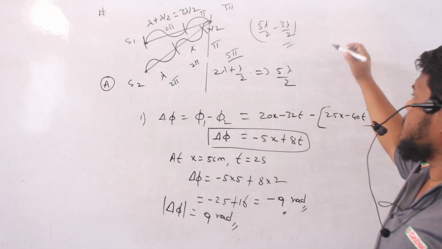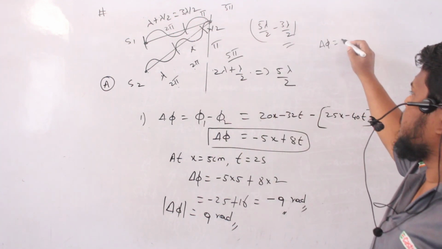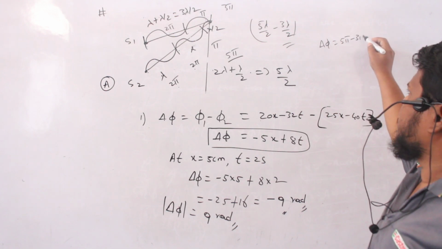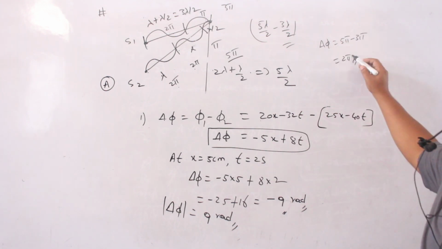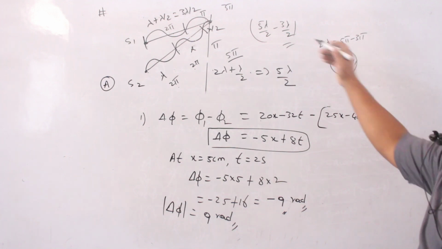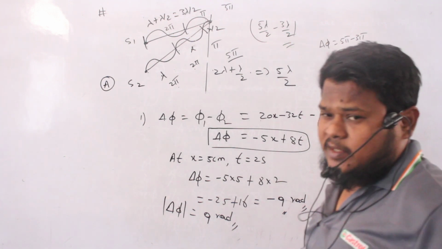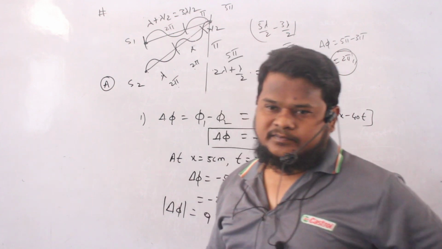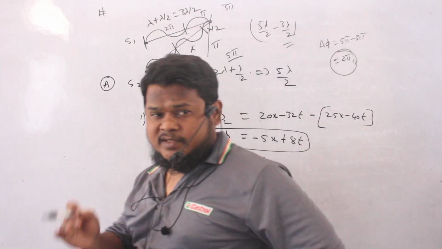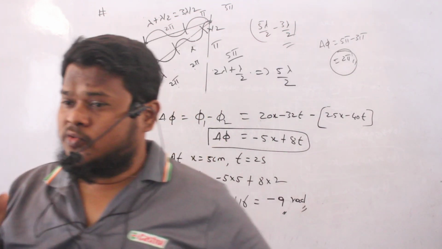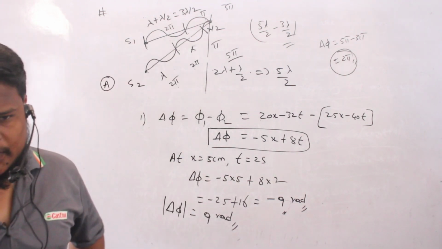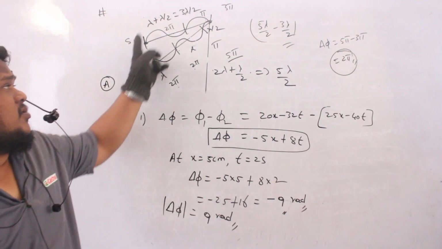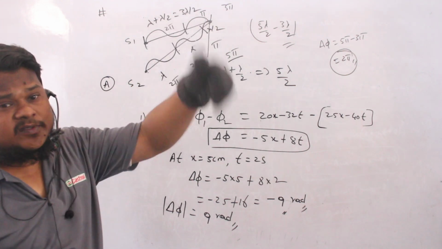The phase difference is 5 pi minus 3 pi, which is 2 pi. Two waves interfere constructively if the phase difference between them is 2 pi, 4 pi, 6 pi, and so on. Based on this concept we are doing this problem now.